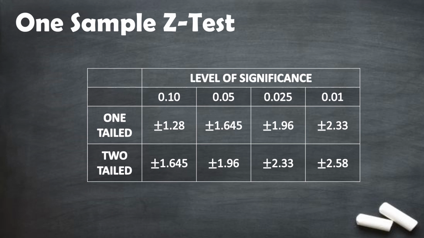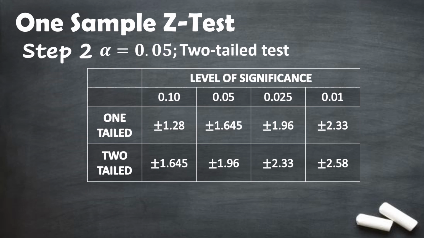So, for us to identify the z tabular, we have to go back to step 2 and recall what is the level of significance and the tail test for this given problem. Recalling the values for step 2, we have the level of significance as 0.05 and tail test is two-tail test. For us to identify the z tabular, all you have to do is draw a horizontal line passing through the row two-tailed.